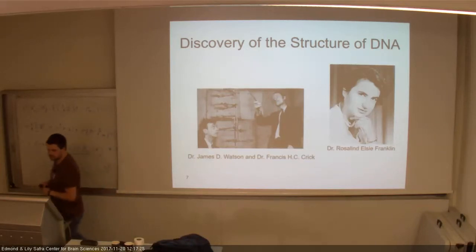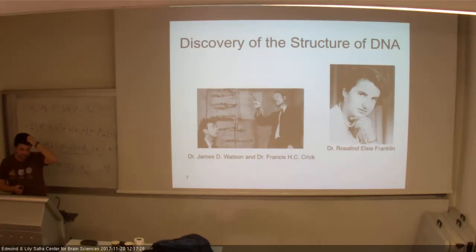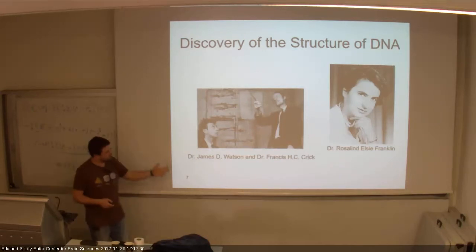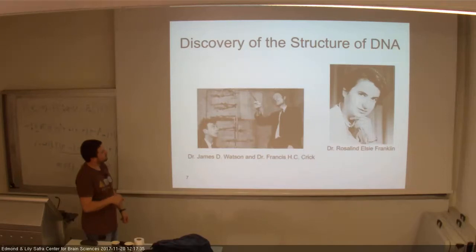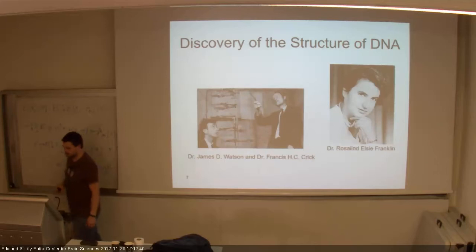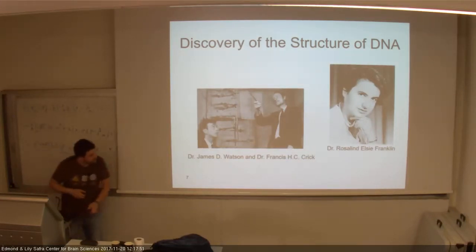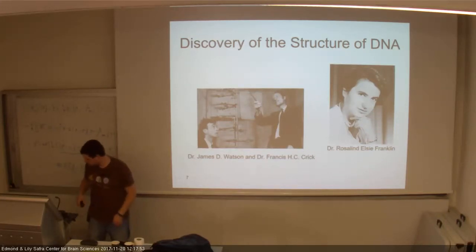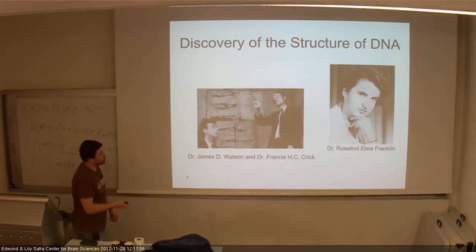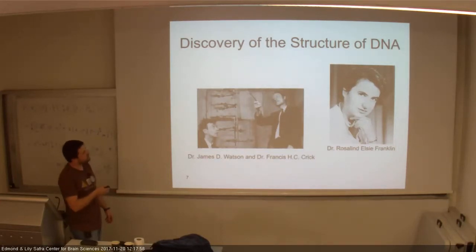The discovery of DNA is largely attributed to the people who also won the Nobel Prize, James Watson and Francis Crick, which you can see here. I think this is Watson and this is Crick, but I'm not sure. The woman who got almost no credit for discovering the structure of DNA is Dr. Rosalind Elsie Franklin, who probably showed her preliminary data to Crick, and then he took this idea and went on to make the structure.